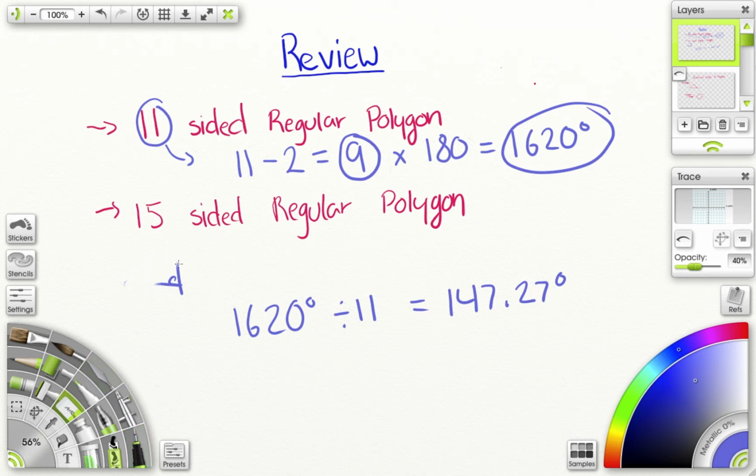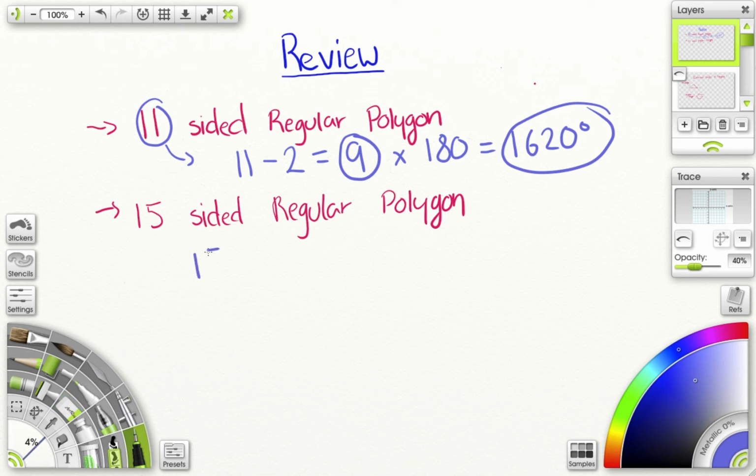Our 15-sided polygon is the same process, however, we're just dealing with different numbers. So I take 15 to get the number of triangles. I subtract 2. Okay, so you're always subtracting 2 to get the number of triangles. So I take the number of sides, subtract 2, and this gives me 13 triangles. 13 triangles are going to fit inside this polygon. And that's the least number of triangles I can do.